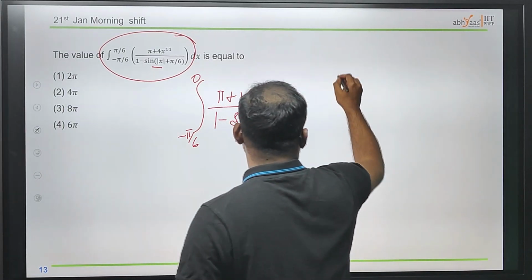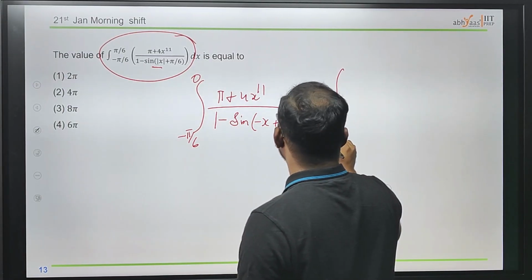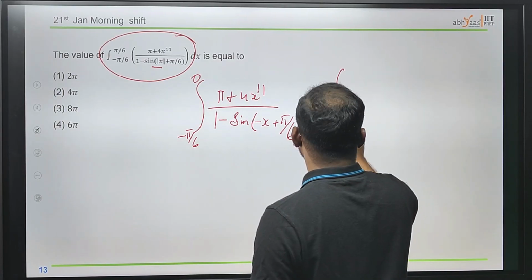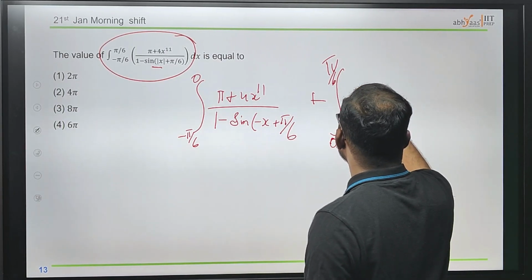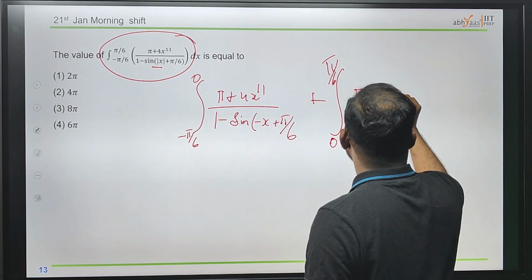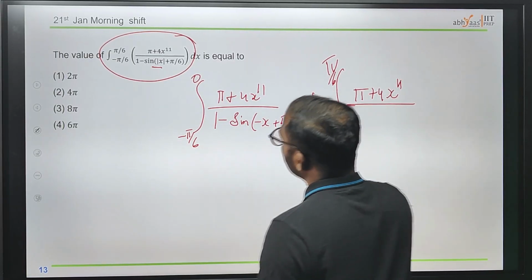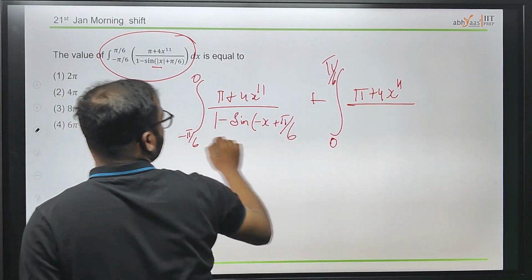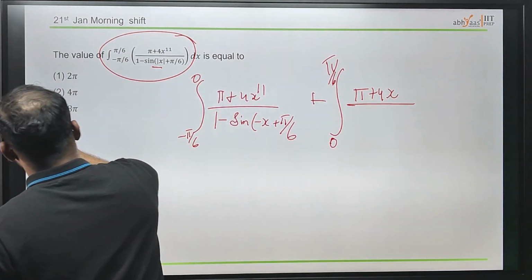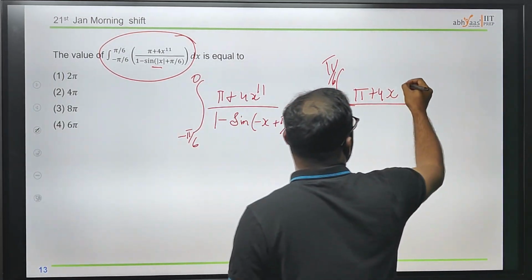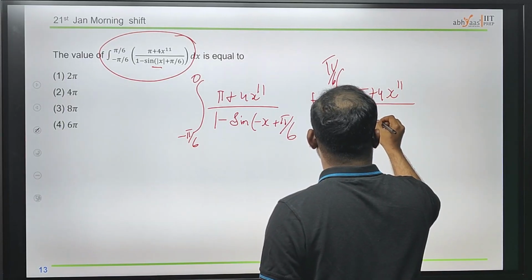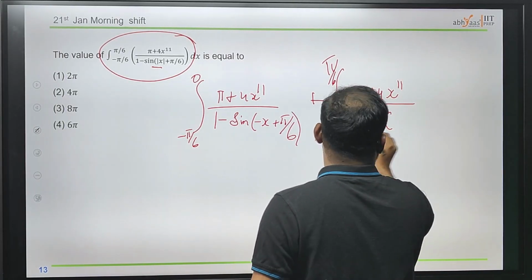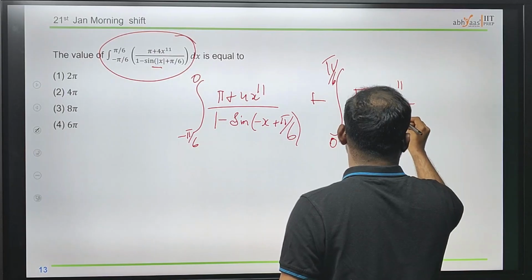And here as well we will have 0 to pi by 6, pi plus 4x to the power 11 divided by 1 minus sine of x plus pi by 6.